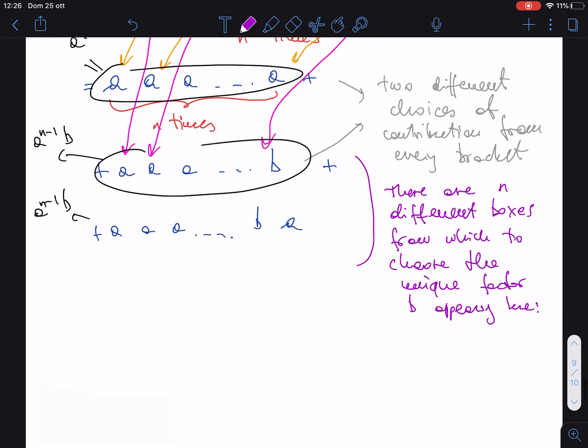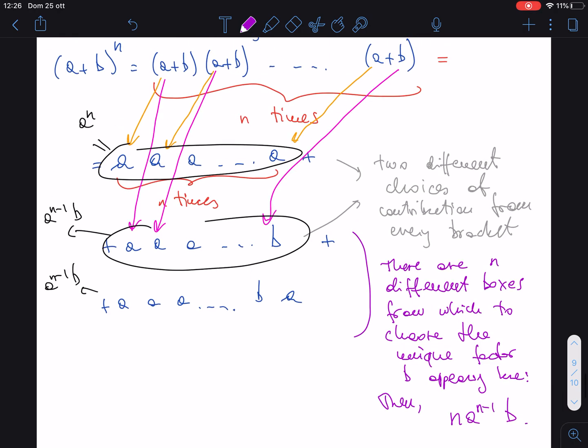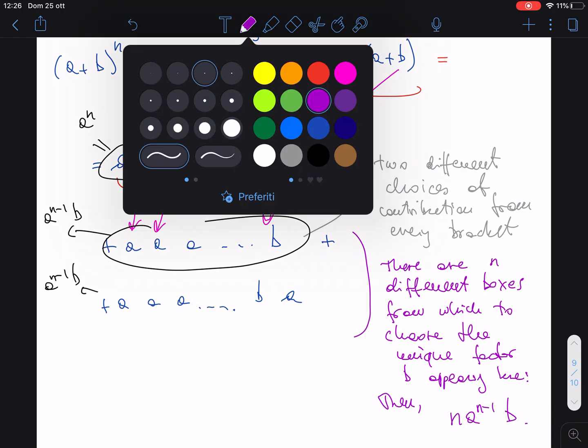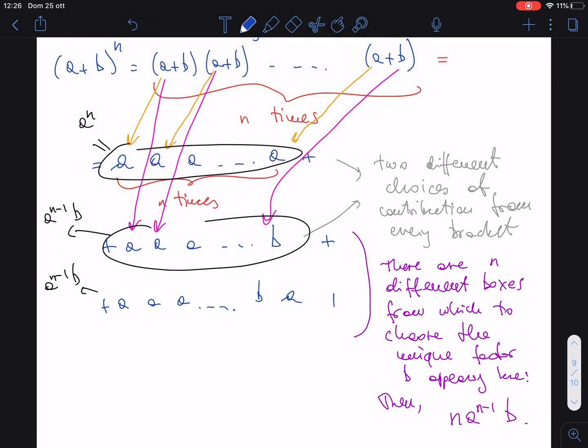So you will end up with a term which is n different boxes, A to the n-1 times B. Okay? This is a preliminary reasoning that we will generalize, but of course then you go with other choices.